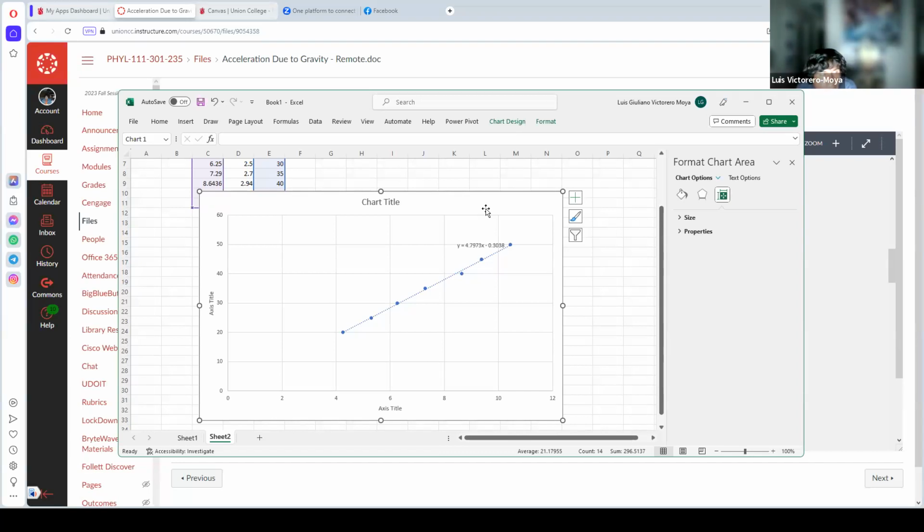But remember, y final equals y initial plus v initial time minus 1/2 gravity times time squared, right? So the slope is 1/2 of gravity.